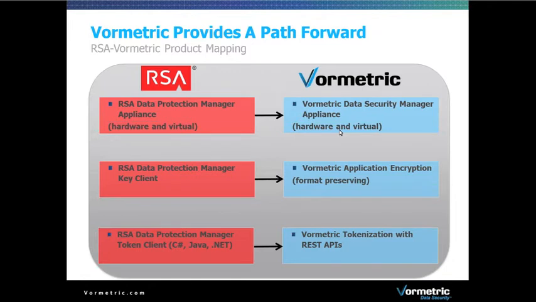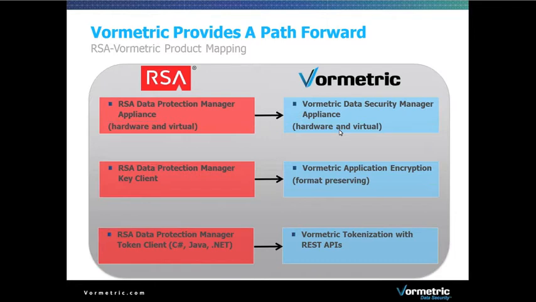Down below that, the Data Protection Manager key client is for if they've woven the application encryption libraries, which are PKCS11, into their applications and are encrypting data at the field level. And then lastly, their Protection Manager token client. So instead of using encryption to protect the data, they've decided to tokenize the data using the token client.